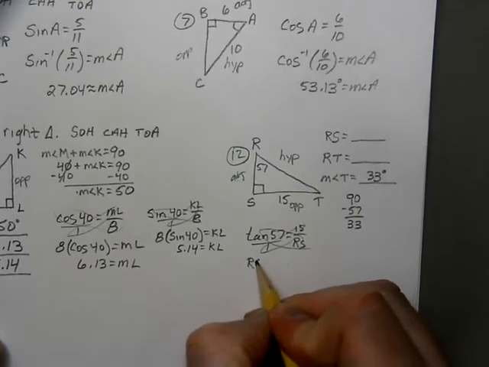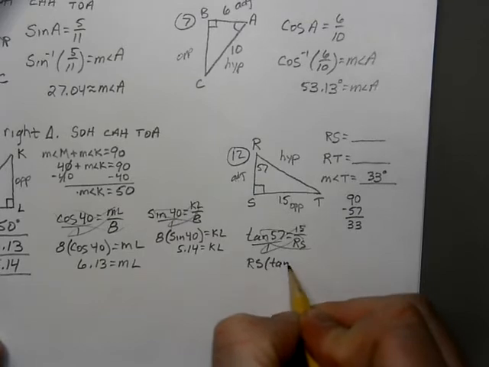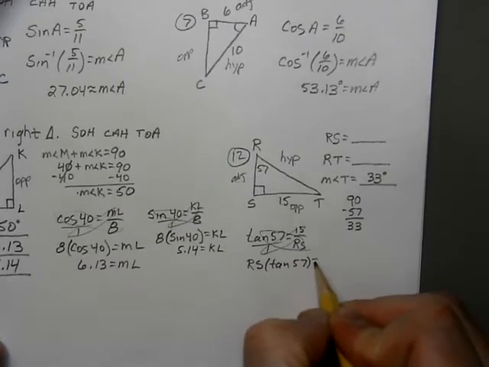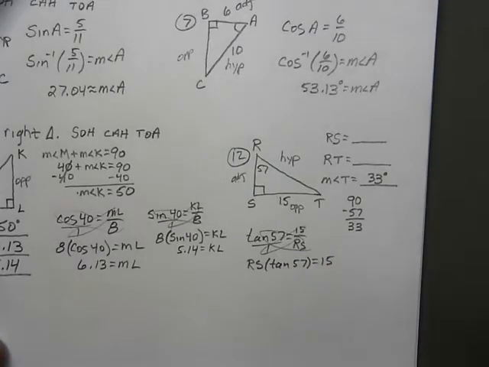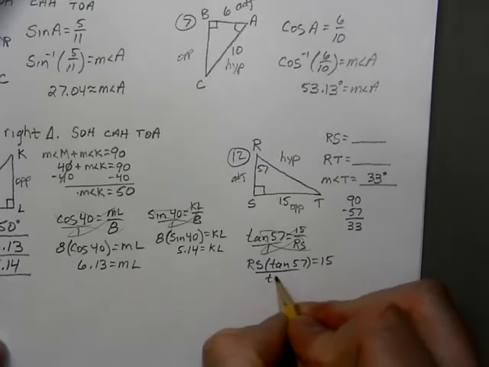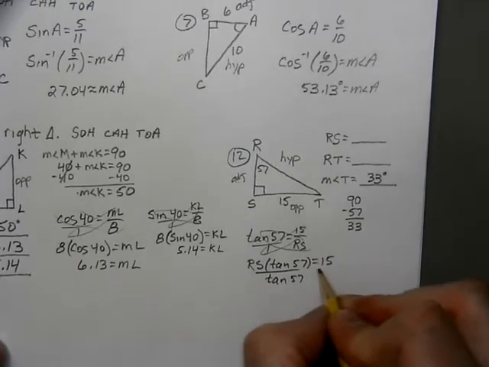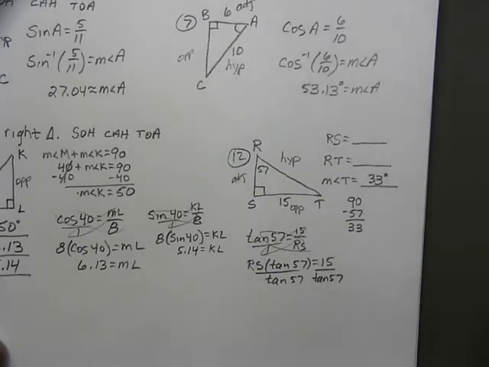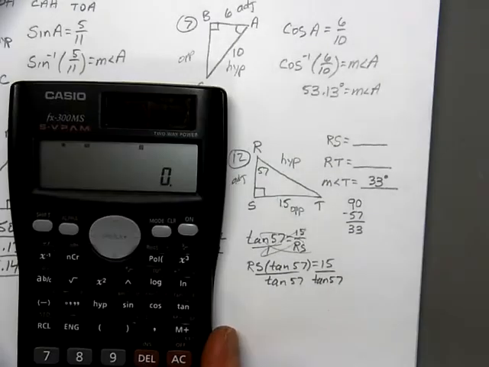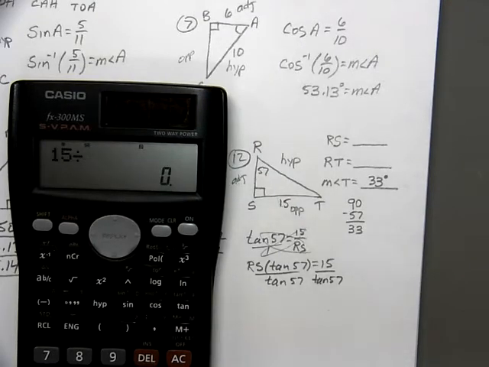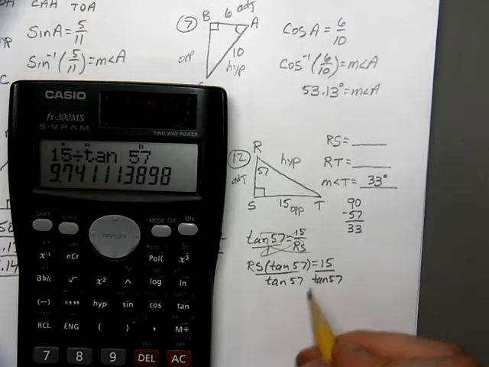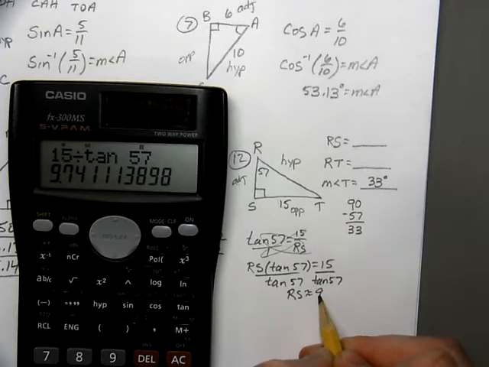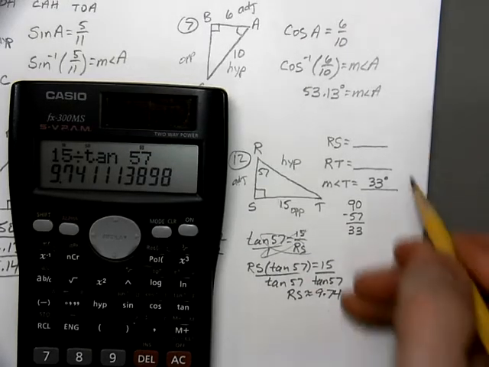That'll give us RS times the tangent of 57 equals 15, and we divide by the tangent of 57. So 15 divided by the tangent of 57. So RS is approximately 9.74.